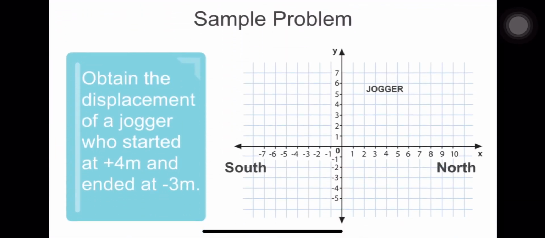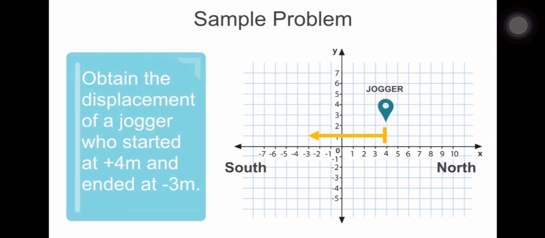Okay, so let's have a sample problem. We have here: obtain the displacement of a jogger who started at 4 meters and ended at negative 3 meters. So, for example, he was at Abellana. He started at Abellana, then he went to, let's say, Bolacau.